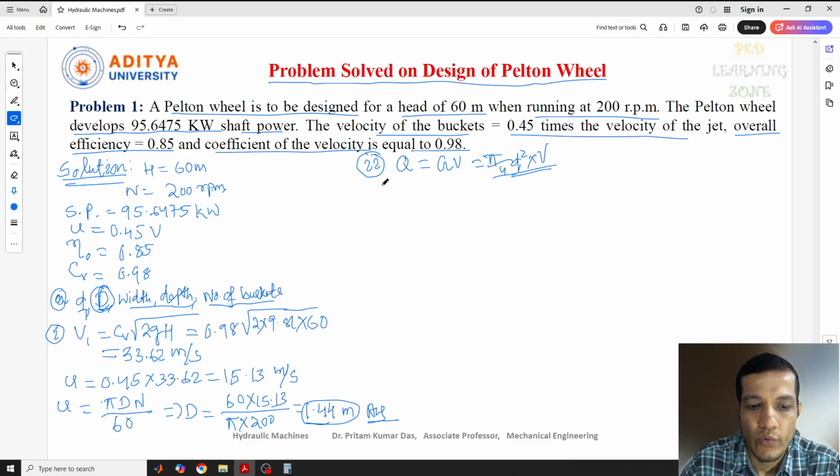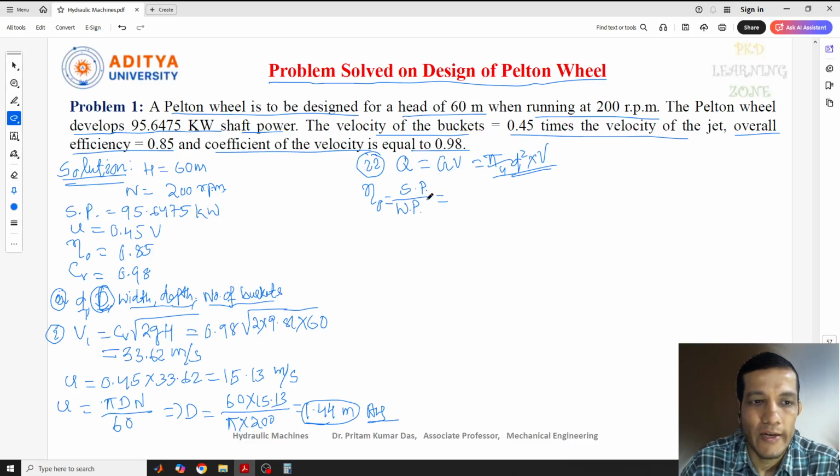For this we need to know the discharge value. To find the discharge, we again need to go in reverse, using the overall efficiency. Overall efficiency equals shaft power by water power.